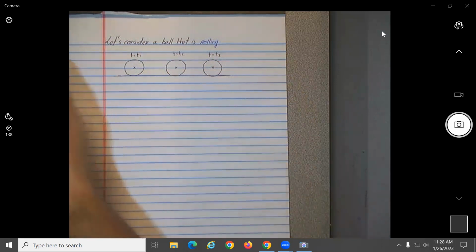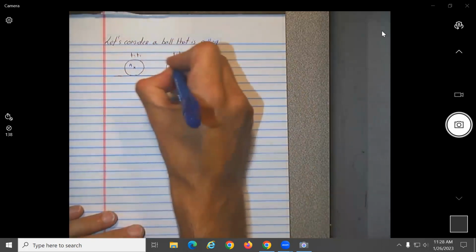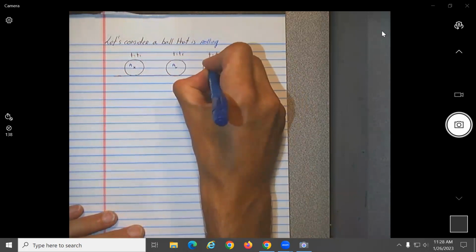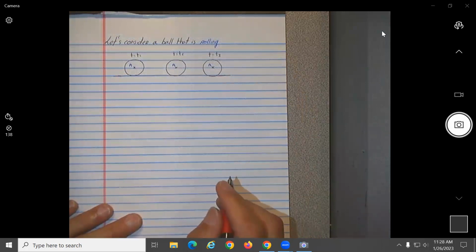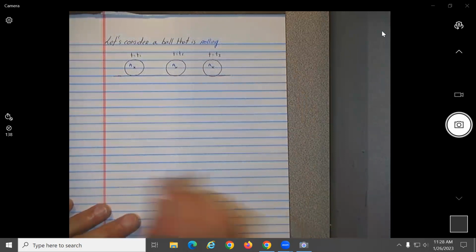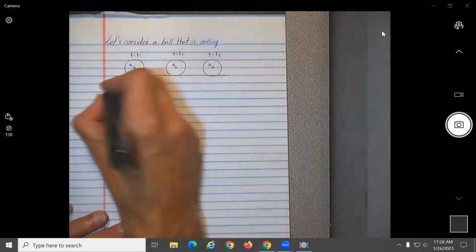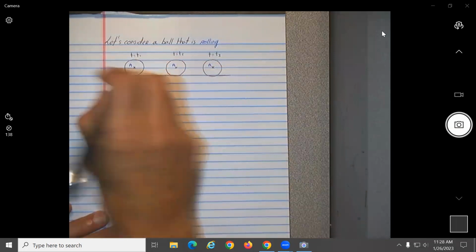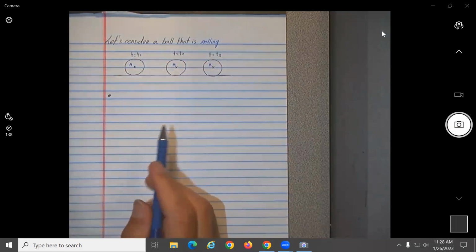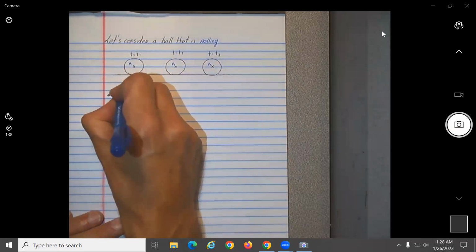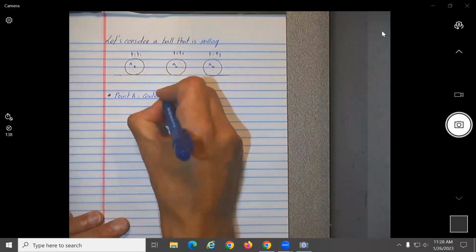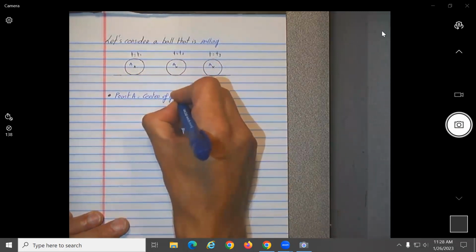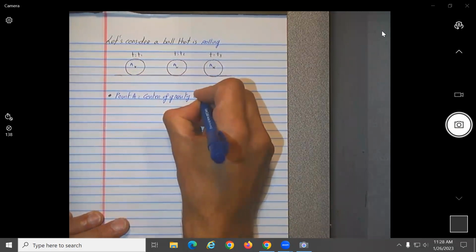Maybe let's call it A. A basically is the CG, center of gravity, of the object.